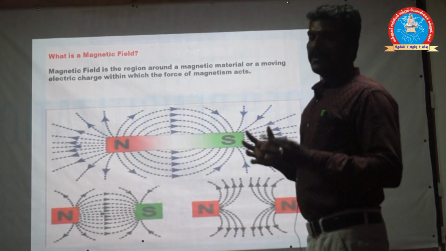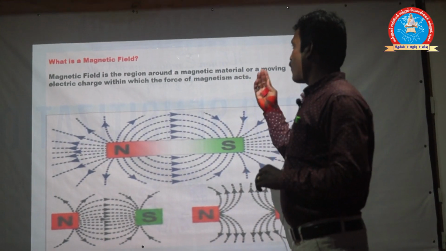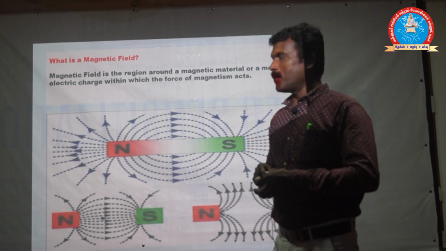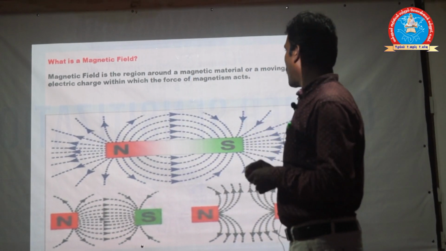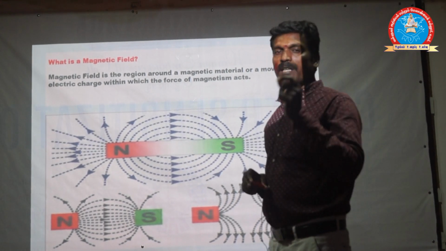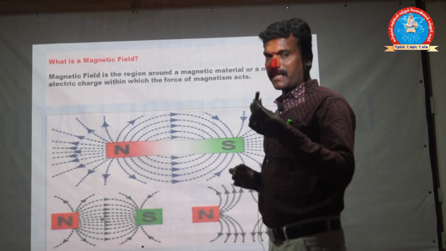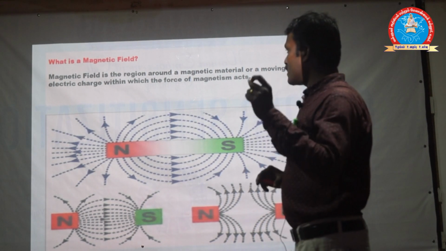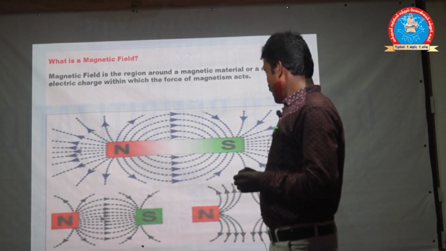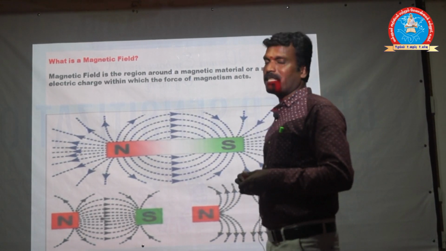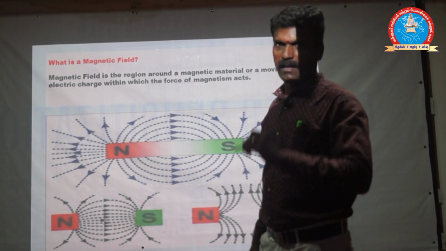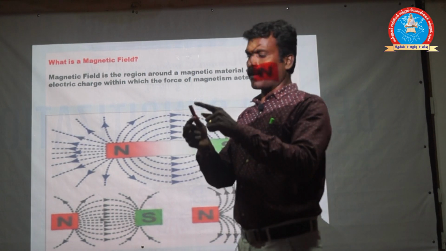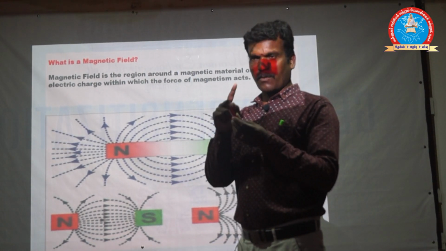First, we need to know what a magnetic field is. The magnetic field is the region around magnetic materials, or a moving electric charge, within which the force of magnetism acts. For example, this is a bar magnet, with a north pole and a south pole.